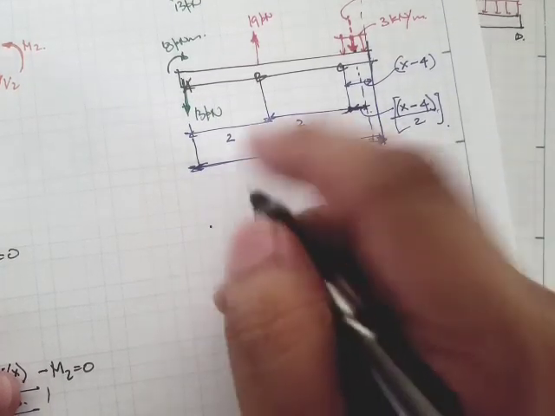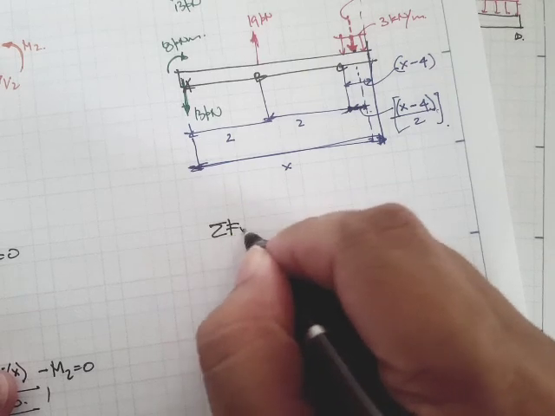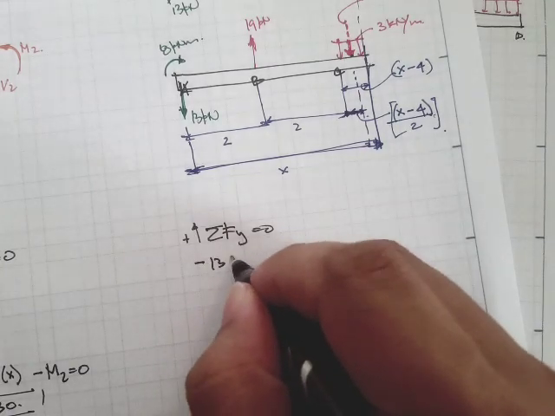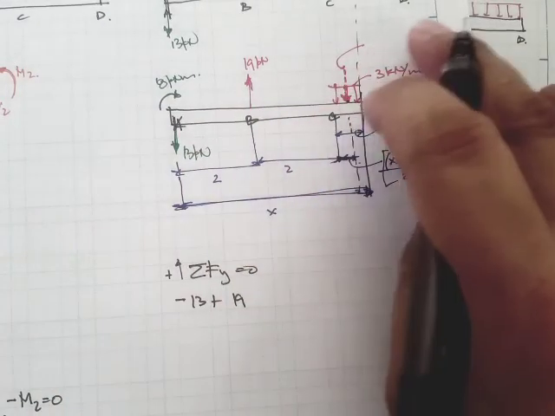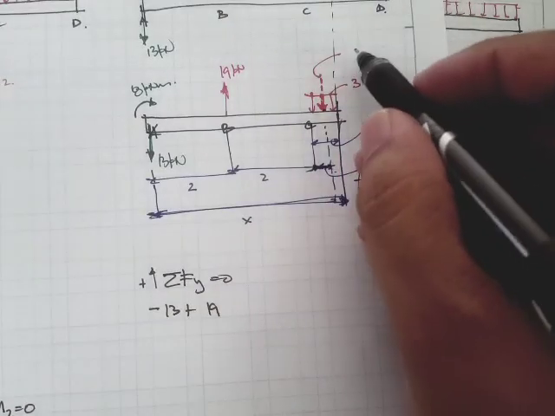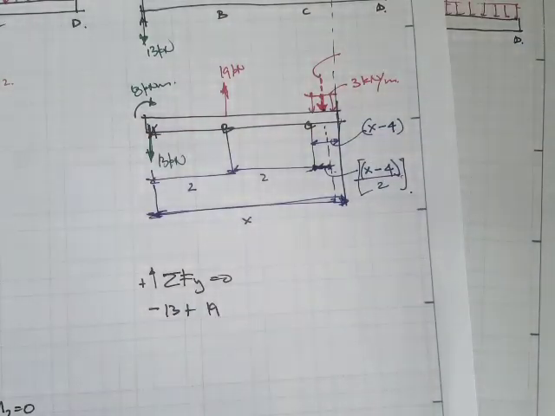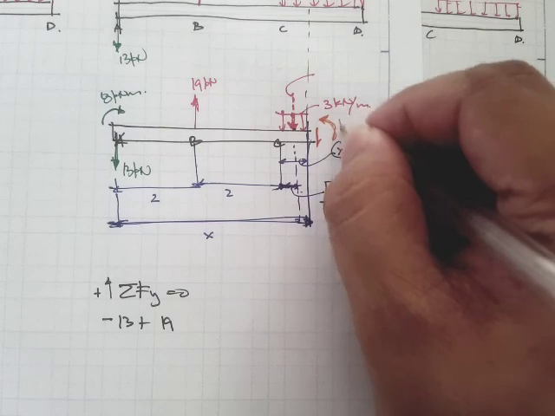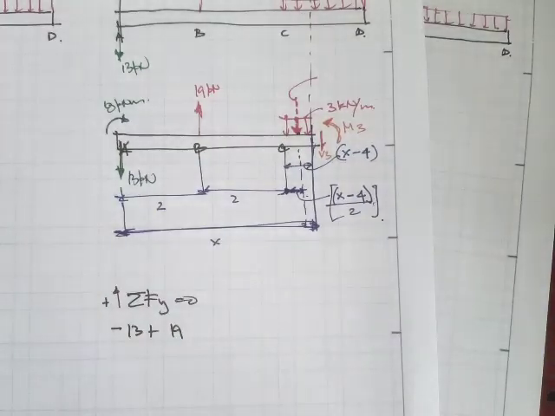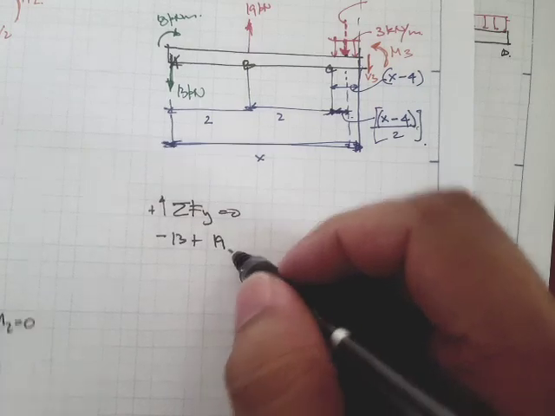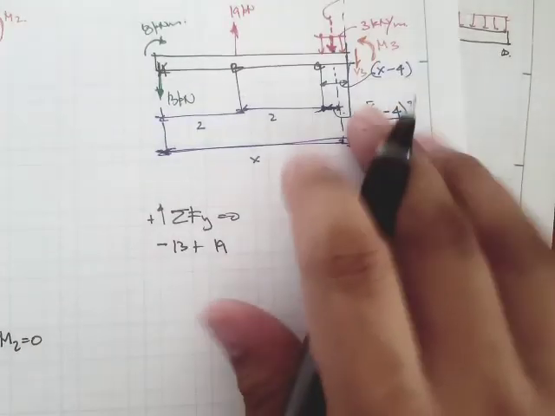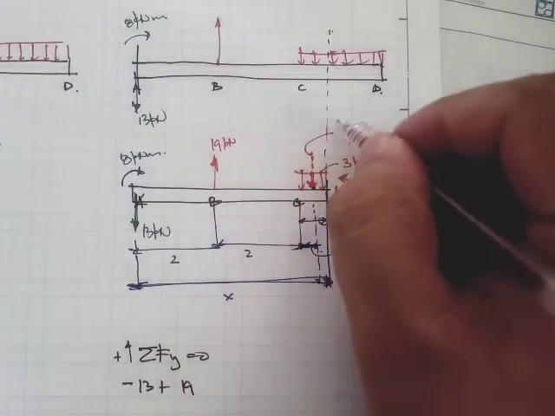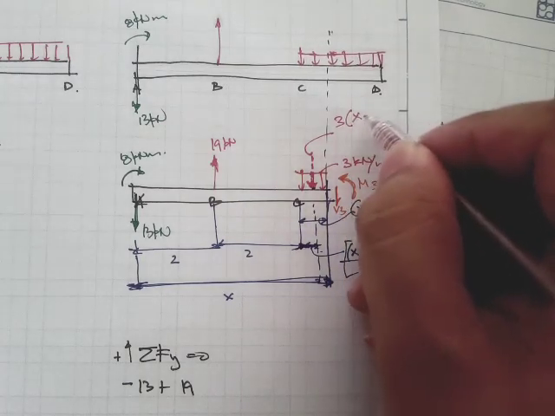And if we apply the equilibrium equations, summation of forces along y is equal to 0, then this one is negative 13, plus 19, plus what is this? This is 3, and we also forgot our internal forces. So let's say this is M sub 3, this is V sub 3. So negative 13 plus 19, and this force is simply 3 times what is this distance? This is just x minus 4, right?